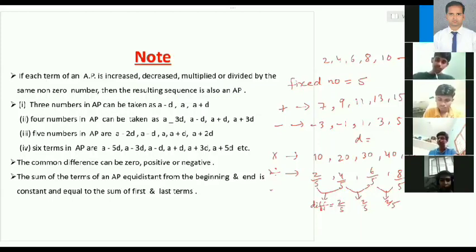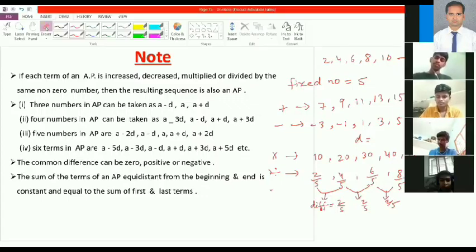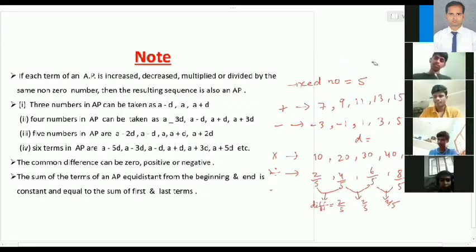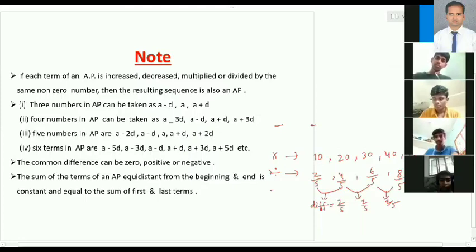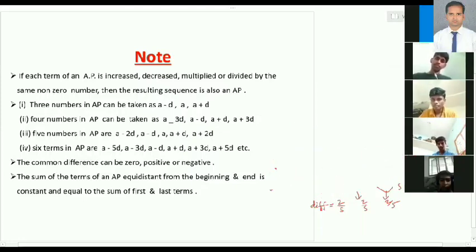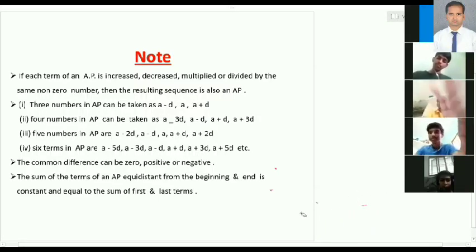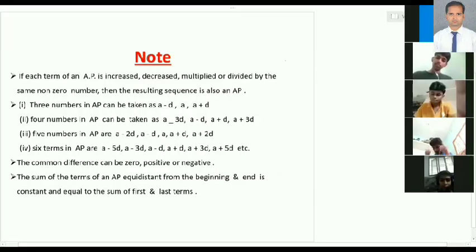Now, the first point I think you have completed. We'll come to the second point.